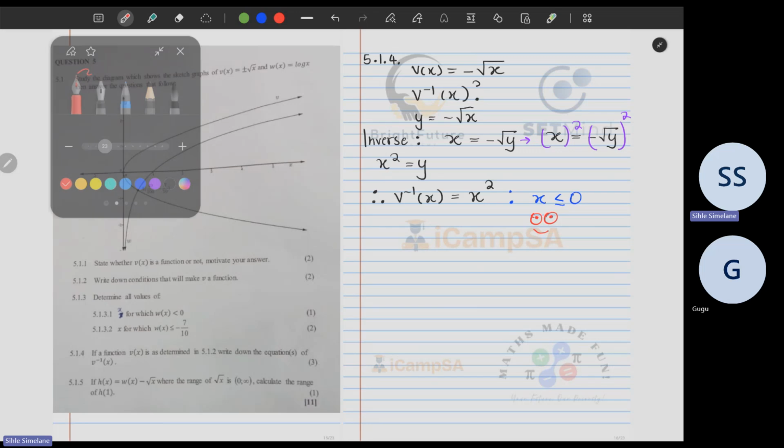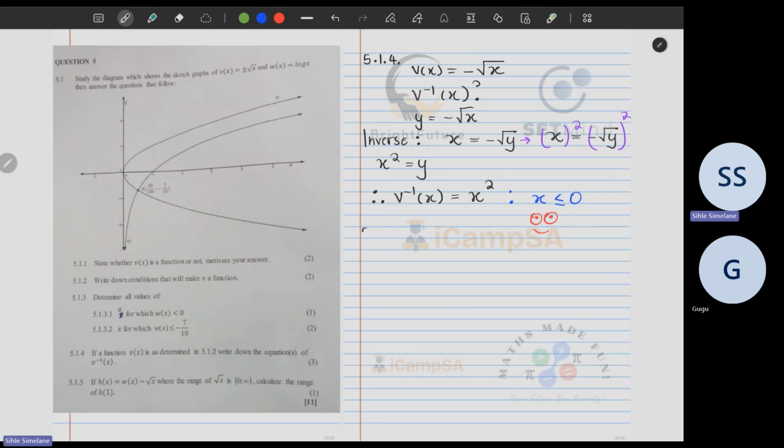Let's have a look at 5.1.5. They say if h of x is equal to w of x minus that square root, calculate the range of h of 1. That is interesting.